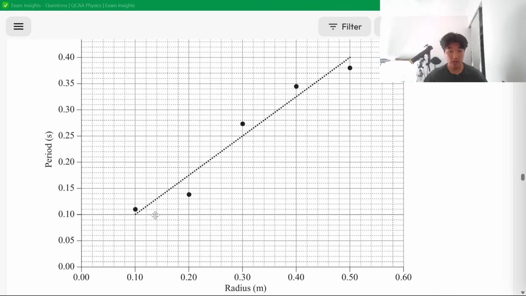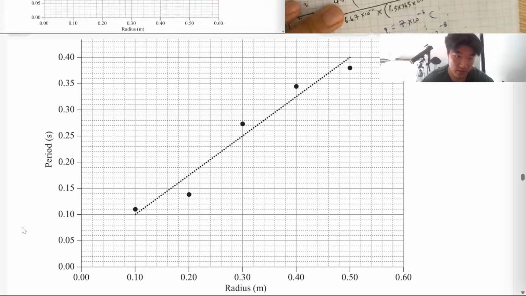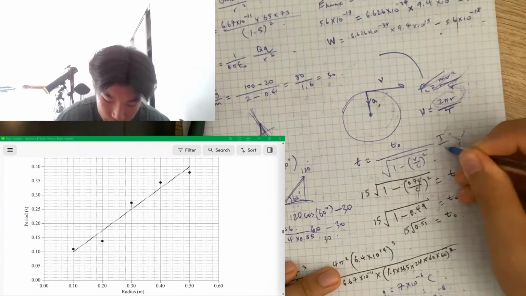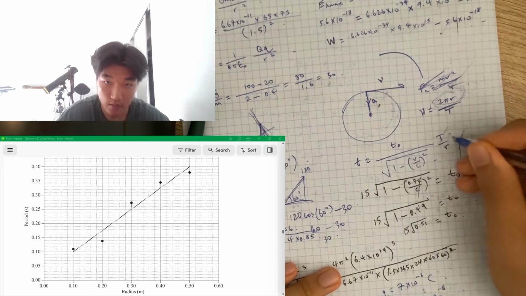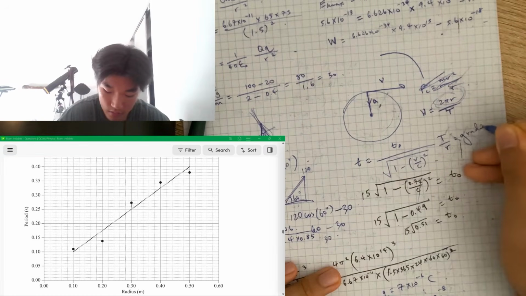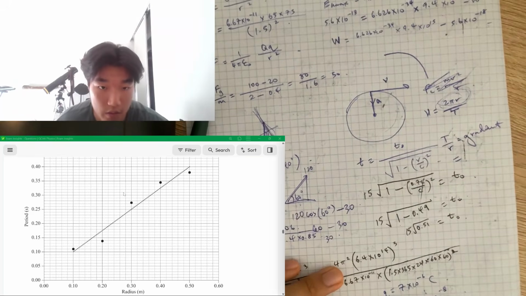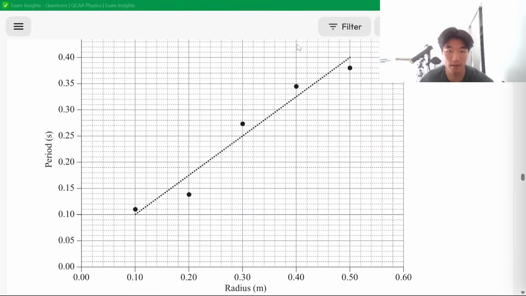We're going to be using the gradient. The gradient in this case represents period over radius. Well, what does the gradient actually represent? Okay, we can use the values of 0.5, 0.4, so in terms of x and y.